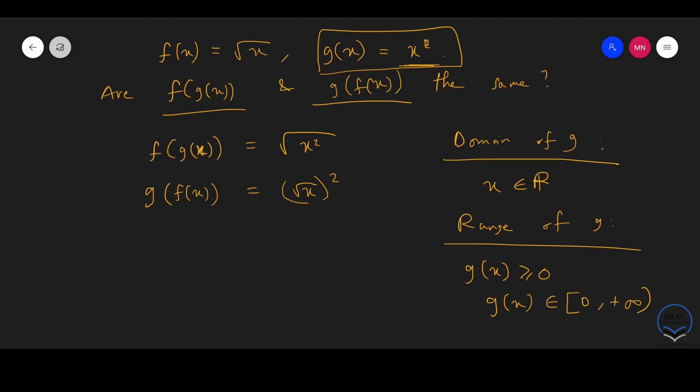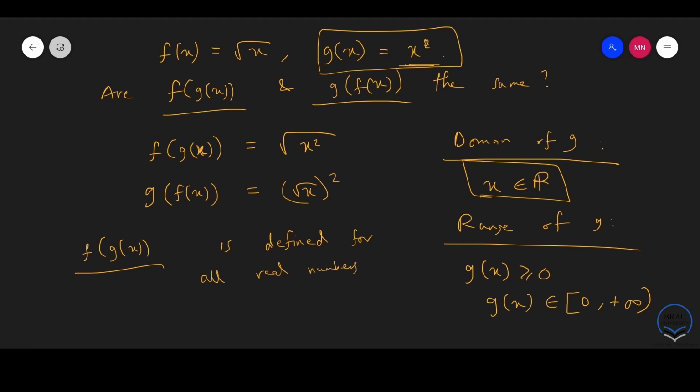Right, so we can see from this that because the domain of g is the set of all real numbers, f of g of x is defined for all real numbers.